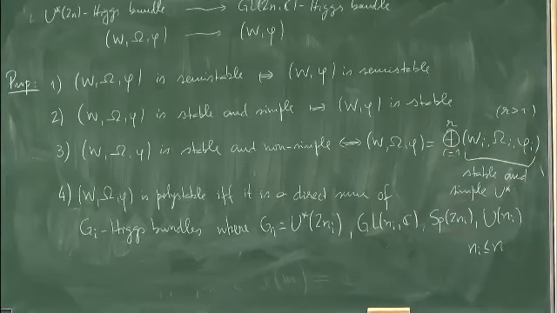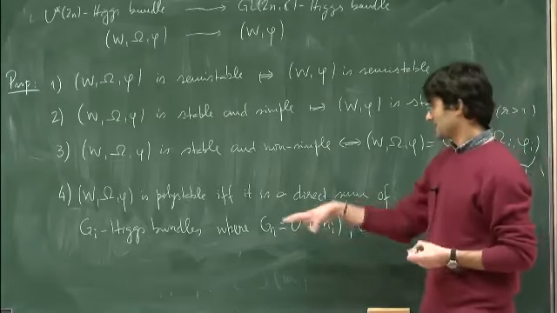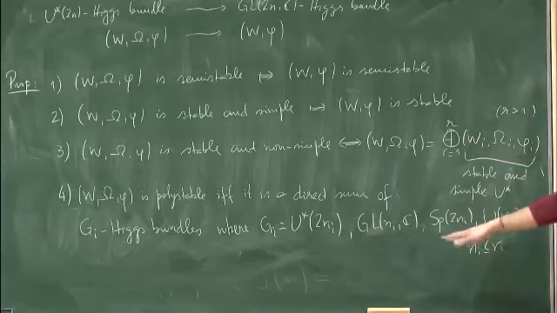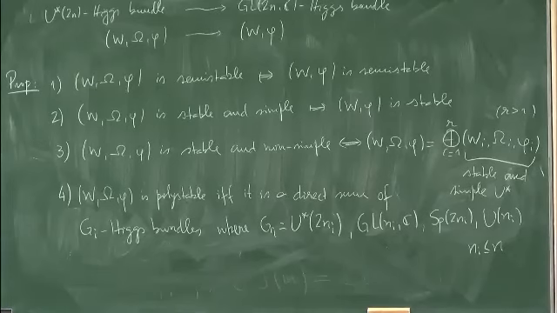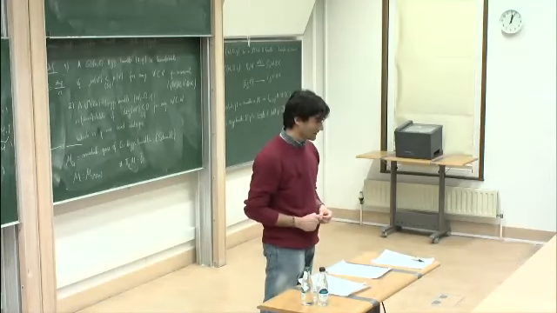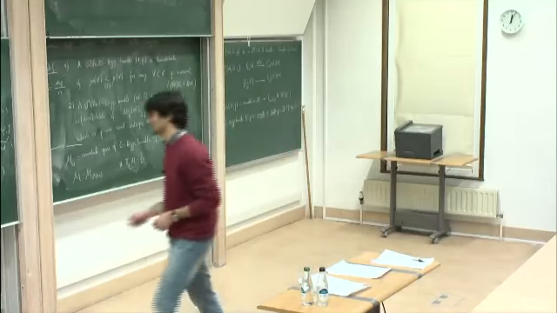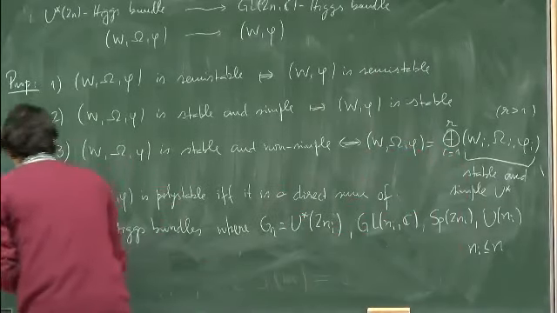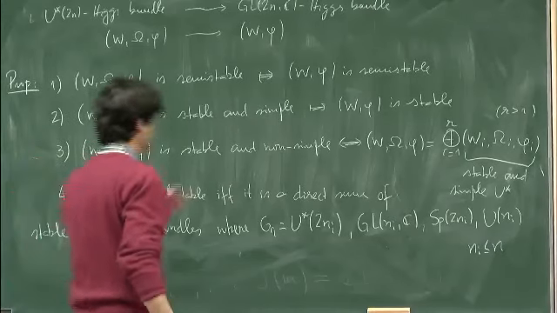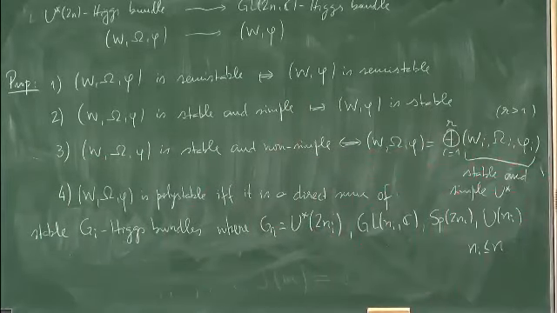So a polystable U star Higgs bundle splits as a direct sum of GI Higgs bundles, where each one is one of these Higgs bundles for one of these groups. Okay. And the summands are stable. Sorry. And the summands are stable. Yes. Like a sum of stable. Yes. Right. Okay.